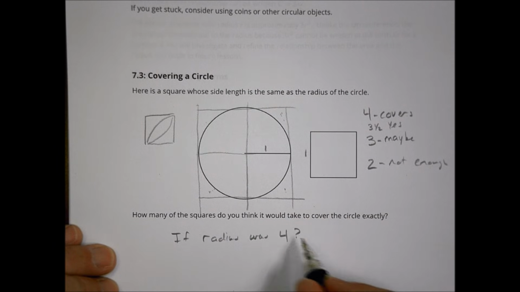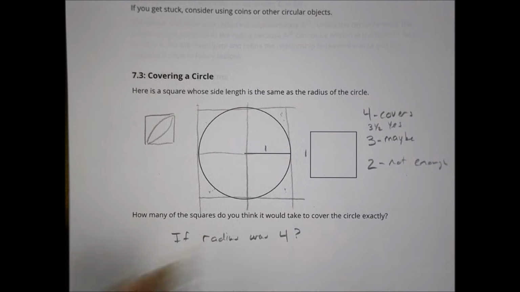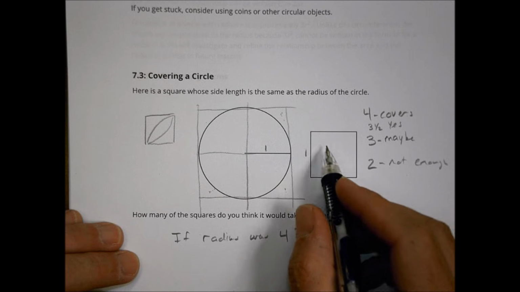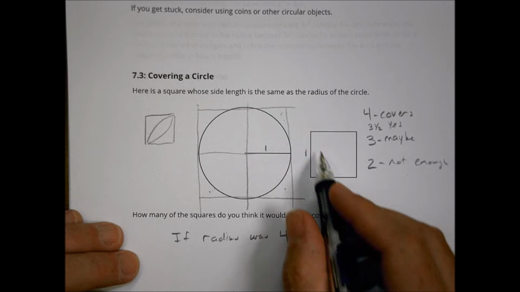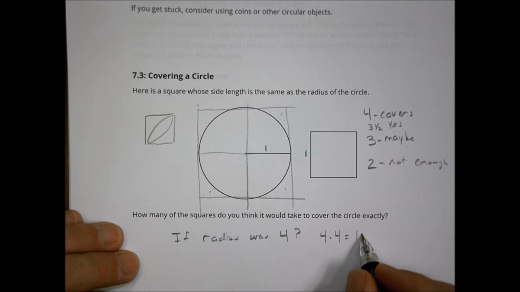If the radius was 4 instead of 1, then this process is going to grow a little bit, right? It's going to be a lot bigger of a circle, and I'm going to have more squares. If the radius was 4, again, think about a square here. If the square has a length of 4, the area of the square is 4 times 4, and that becomes 16.